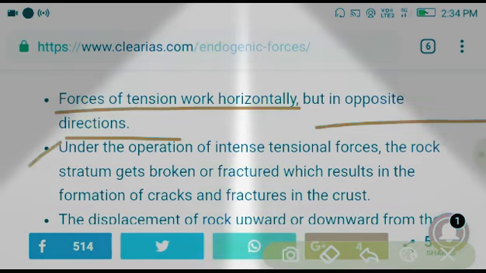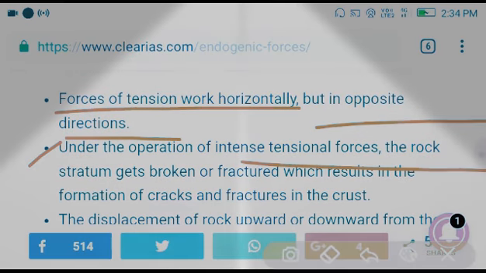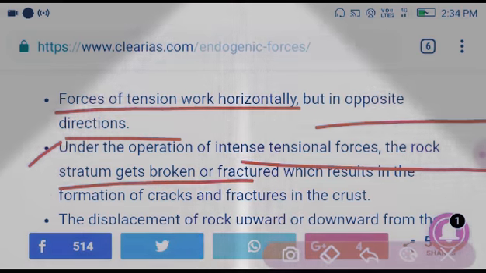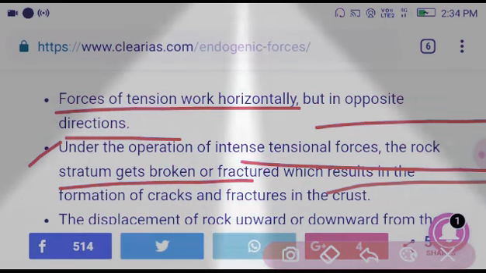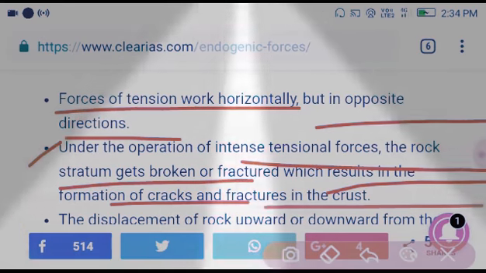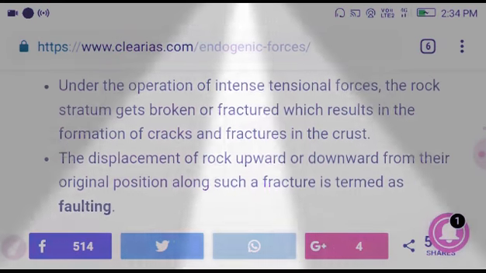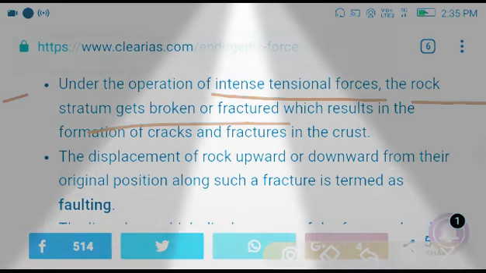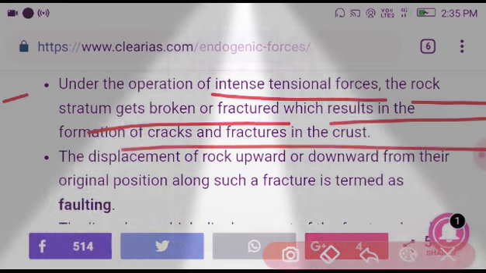Under the operation of intense tensional forces, the rock strata get broken or fractured, which results in the formation of cracks and fractures in the crust.